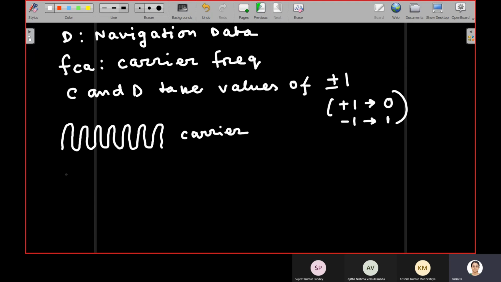Then we have the pseudo-random code. Here we assume it takes plus and minus values. So let's say this is plus 1, this is minus 1, pseudo-random code.